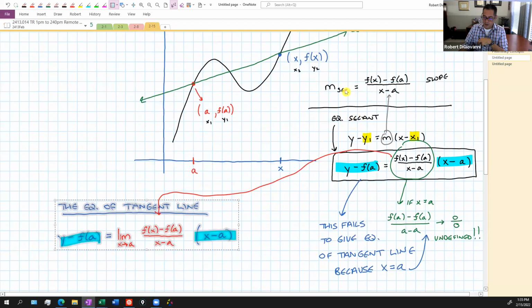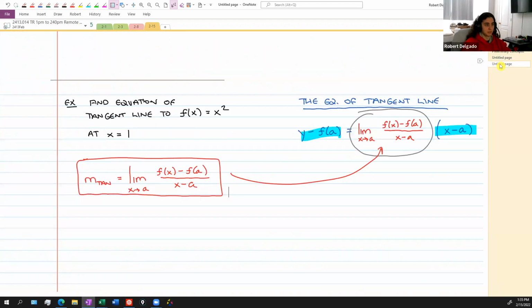Here's the slope of the secant line, right here. All we do for the slope of the tangent is add the limit. That's it. That's the calculus part right there. Let's not overcomplicate it.